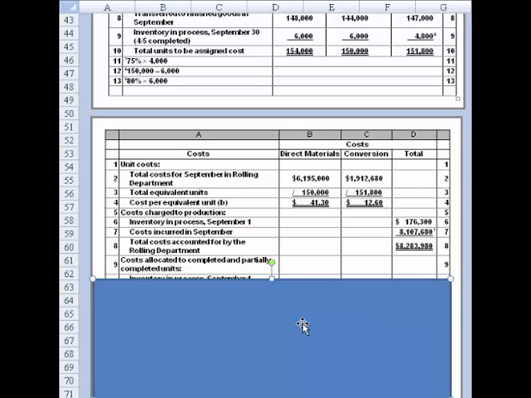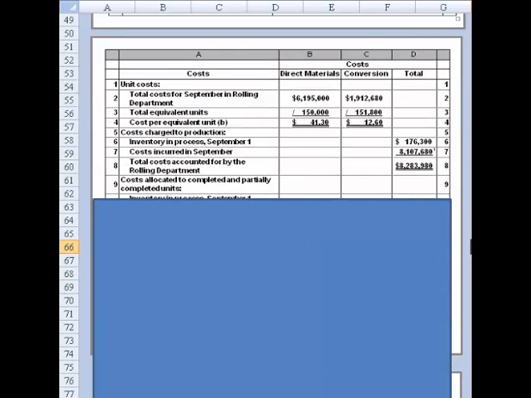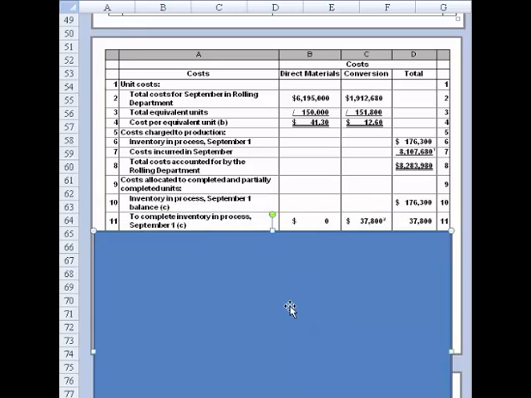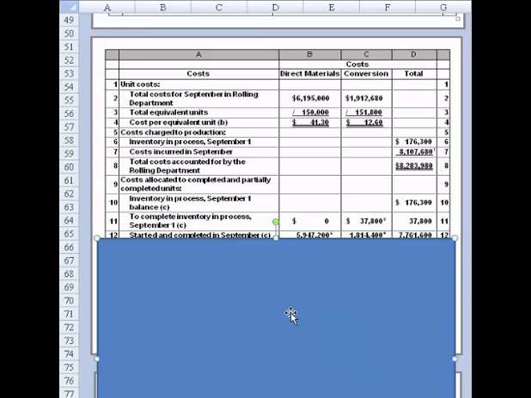And the next step is the cost allocation to the completed and partially completed units. I'll slide up to give us some room. First we had that inventory in process balance of 176,000, right? And we had costs that need to be allocated to complete inventory in process.